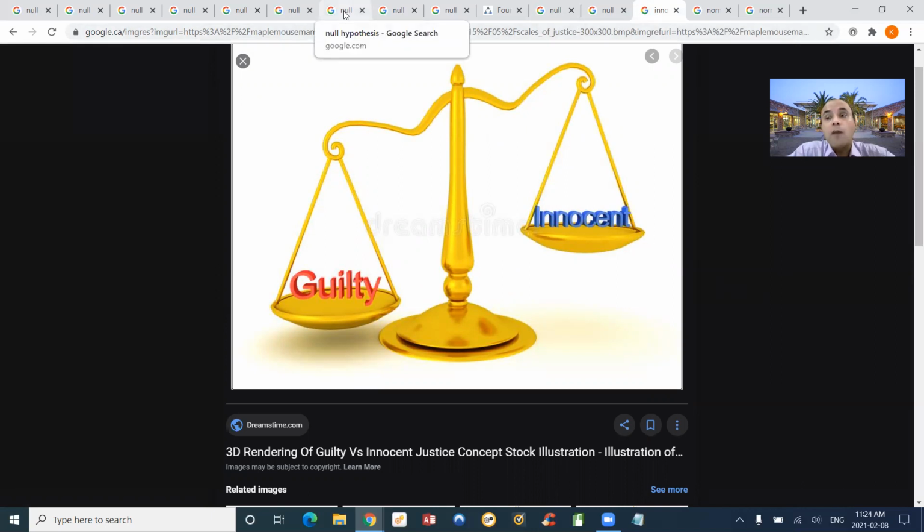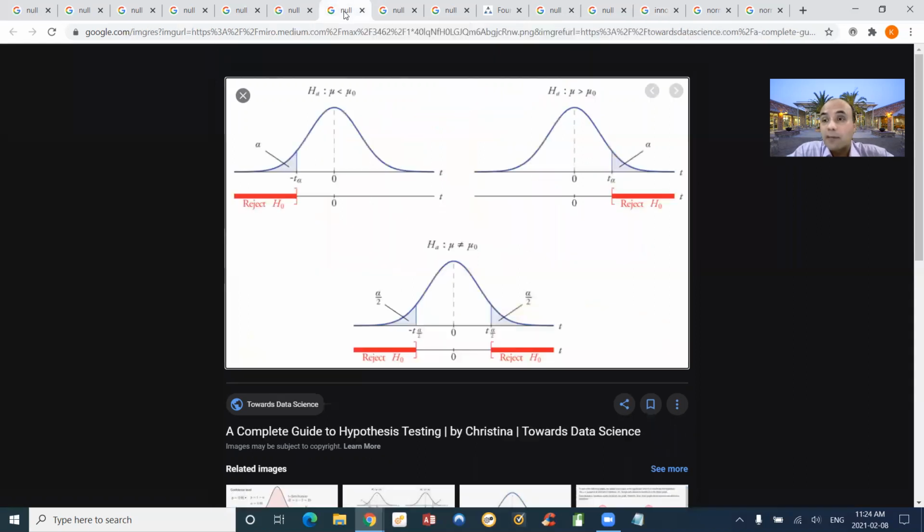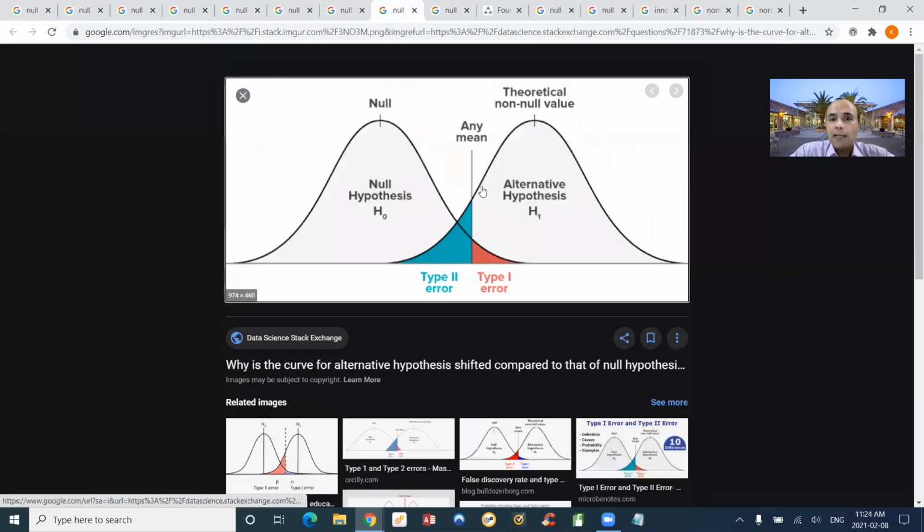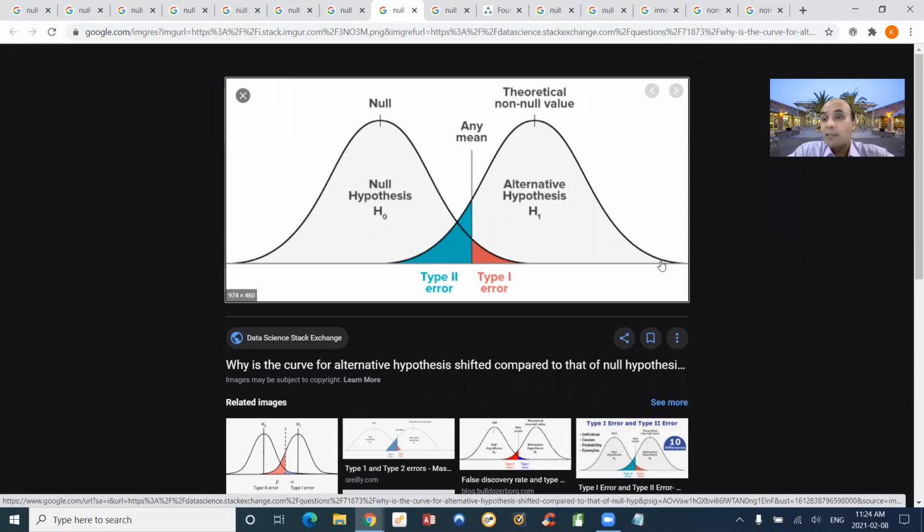But if there is someone who is guilty, you do spend resources, and although it may take a couple of million dollars to prove that this person is guilty, keep in mind that is a lot cheaper than proving the entire society innocent, okay? So I'm not going to focus much of my attention on the null hypothesis. Rather, I'm going to pay much of my attention to the alternative hypothesis, okay?